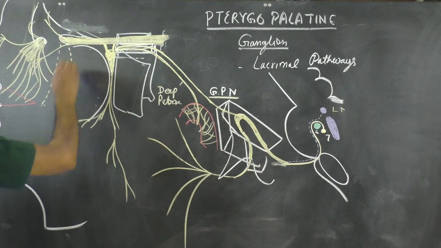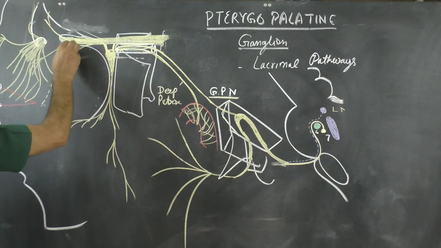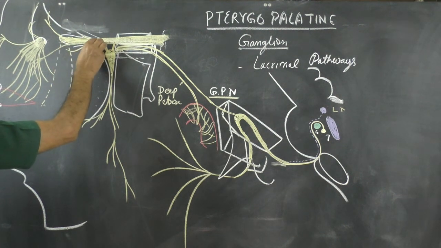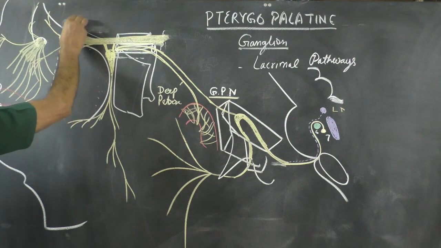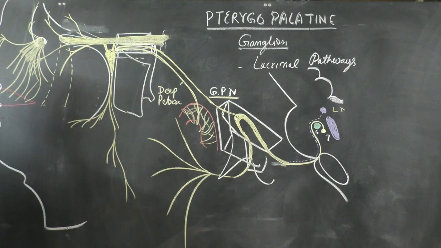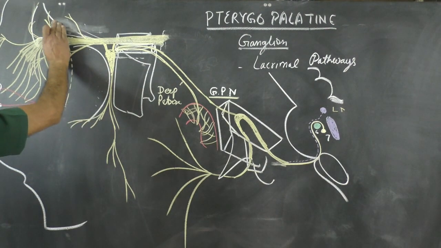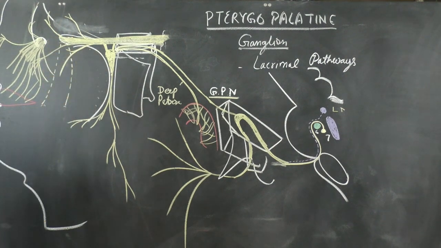One is called the zygomatico-temporal branch, and one is called the zygomatico-facial. The zygomatico-facial branch supplies the sensations over the skin of the cheek. It is sensory. And the zygomatico-temporal branch supplies the skin around the zygomatic bone.